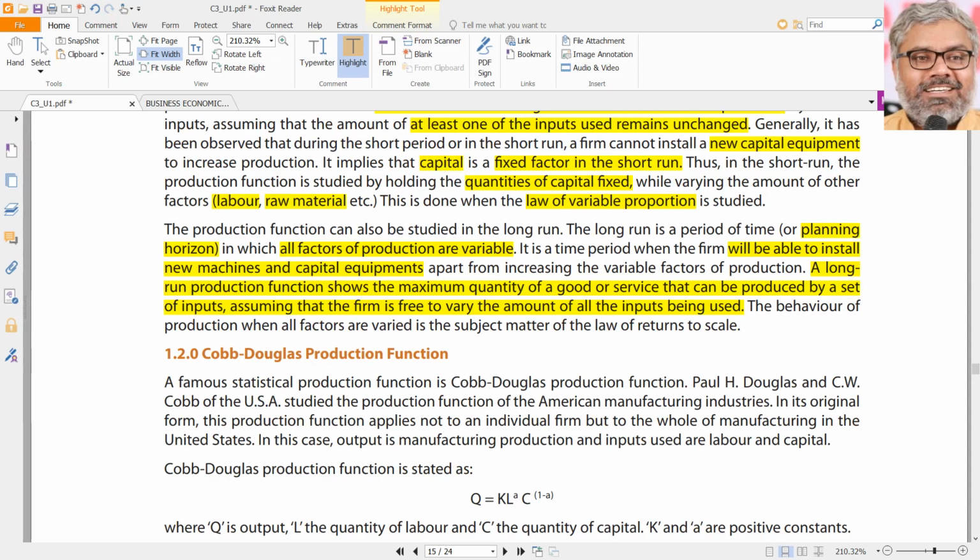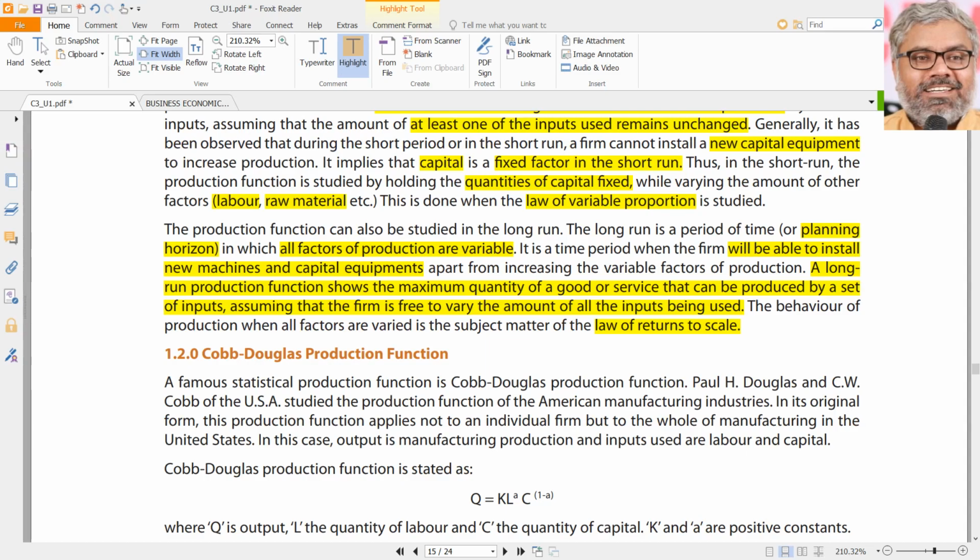If it is possible for the firm to increase or decrease or vary the amount of all the inputs, then we call that the long run production function. And the theory that we study to understand the behavior of production in the long run is called the law of returns to scale.